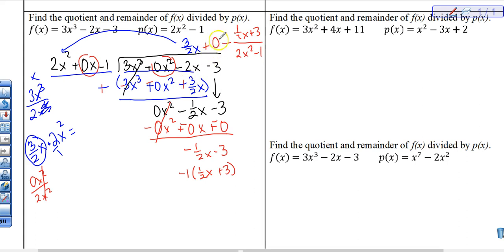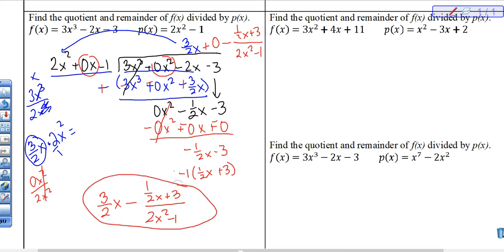And actually this plus 0 is really kind of superfluous. So final answer, let's just do this: 3/2 x minus 1/2 x plus 3 over 2x squared minus 1. And there's your quotient and your remainder, with the complication of having to fill in the zeros.